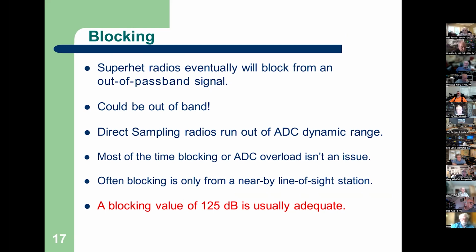He could be 10 blocks away, or in the case of Boulder, Colorado, one ham was up in the foothills above Boulder by about 1,000 feet, but the Boulder hams were 5 miles away, and that blocking was an issue. So what number is adequate for almost everybody most of the time is 125 dB. That's about typical for a direct sampling radio, but a K3S, that's 150.